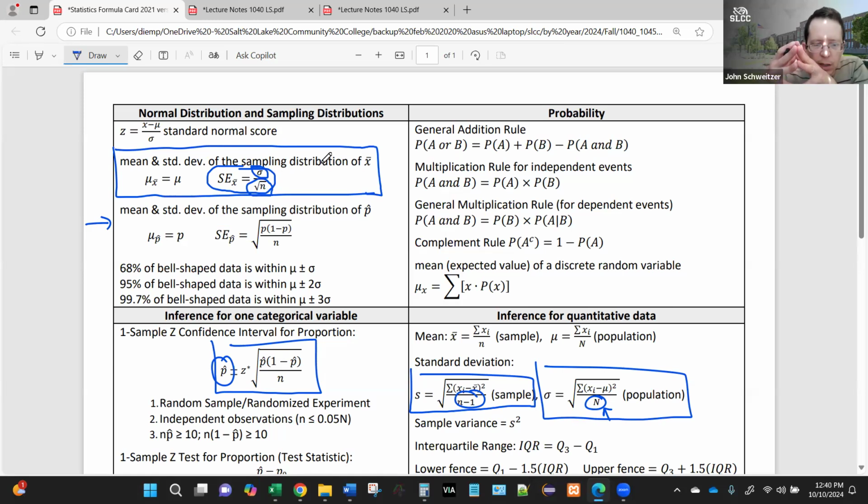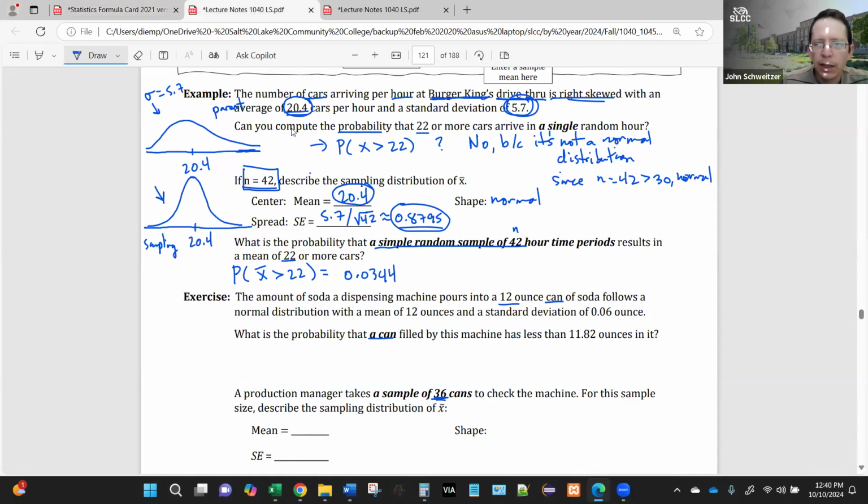Intuitively, the larger the sample size, the less the standard error for X bar. So I took sigma, which is this 5.7, and divided it by the square root of the sample size, which is 42.